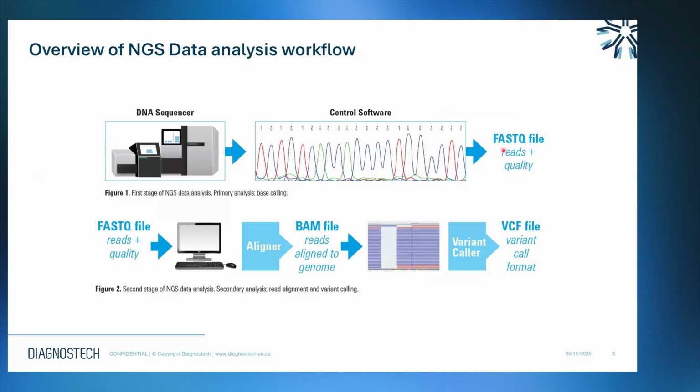Once we have FASTQ files, those need to be aligned to a reference genome, which will allow us to identify any differences between the reads of our samples and the reference that we are using. Finally, after the alignment, we start to call the variants and actually start to interpret what effect these variants will have in terms of their clinical significance or just functional effect on the proteins.